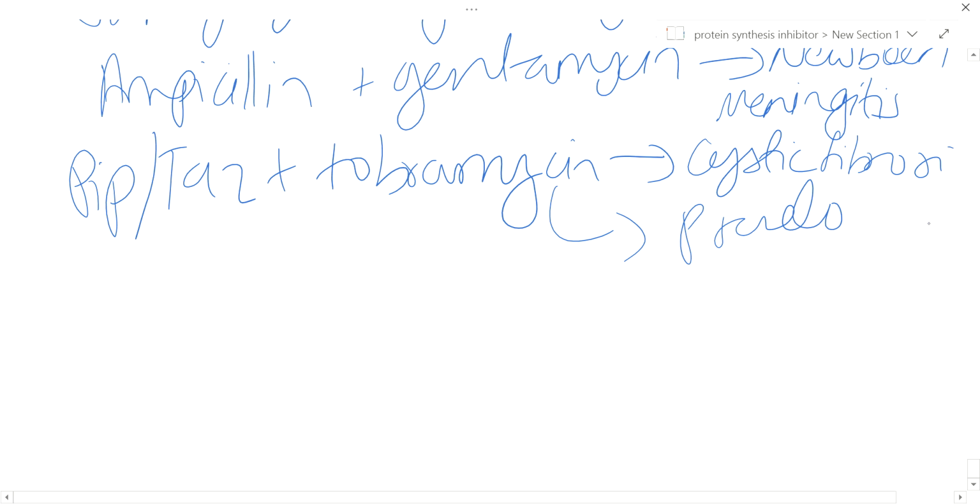So these are the combinations of aminoglycosides and beta lactams which are clinically used.